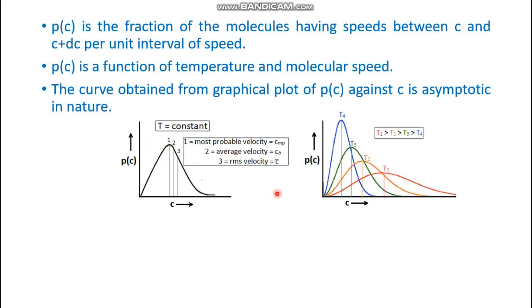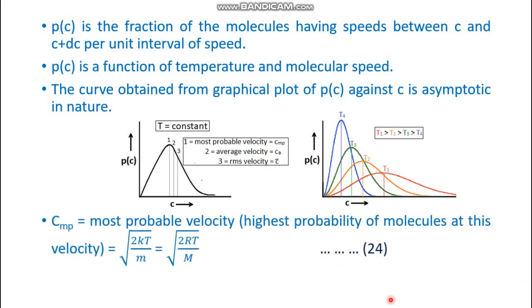This way the definition of temperature is also obtained from the kinetic theory of gas. Here, if this is temperature T1, then T1 is the highest temperature and the curve has the highest widening, while this is T4, which has the lowest temperature and is the narrowest among these 4 curves. So this is the temperature dependence of the probability distribution curve.